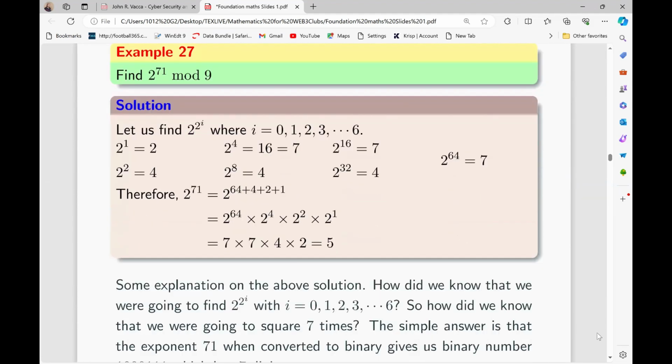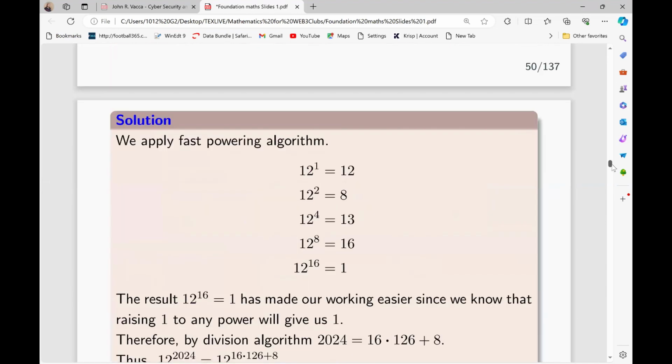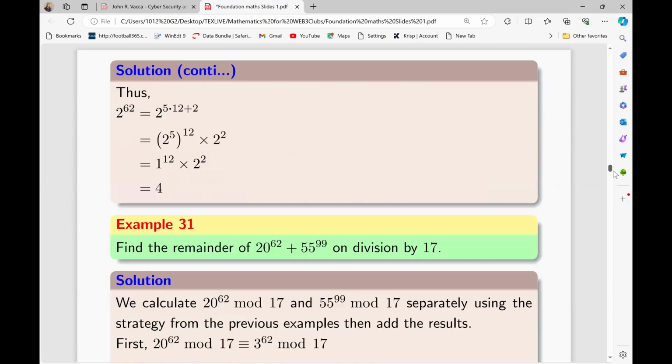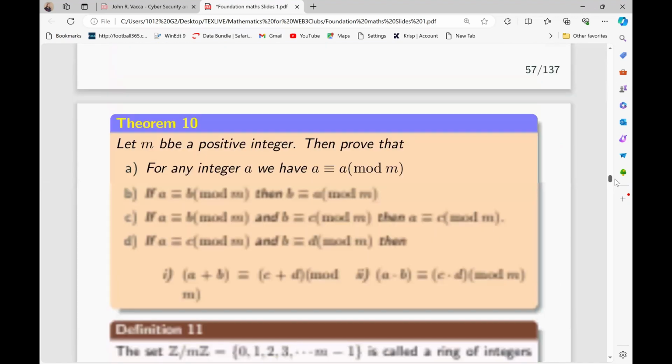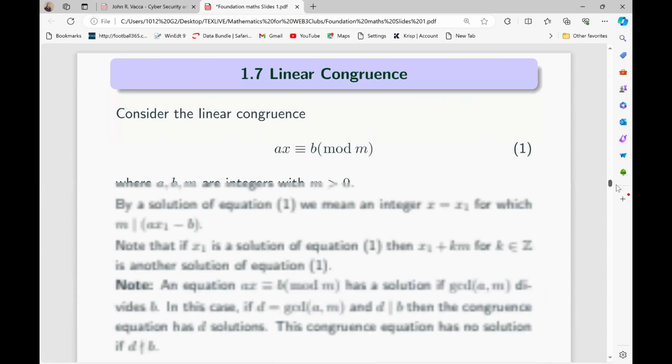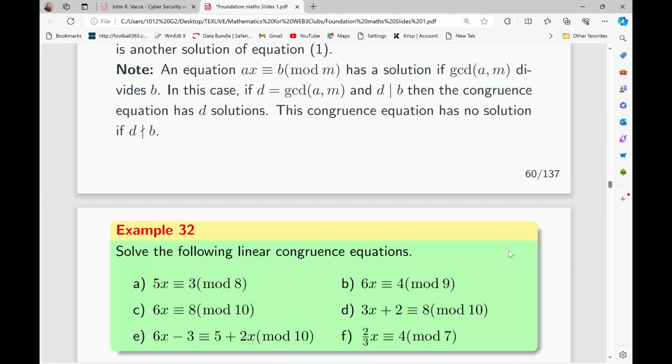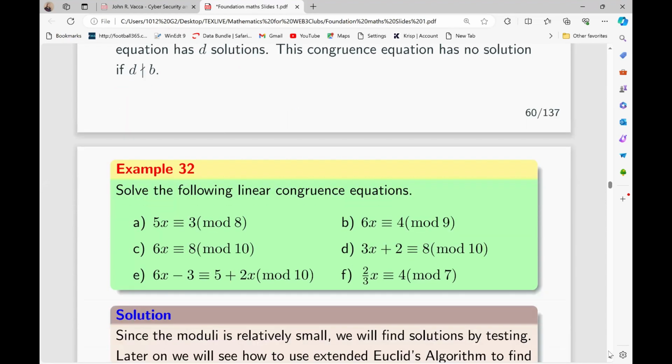No, let me just go to how to solve some equations, congruence equations. Let's go to how to solve congruence equations. Let's look at this. As we solve these congruence equations, we are not just solving congruence equations, we are also in the process revising the Euclidean algorithm and the extended Euclidean algorithm.